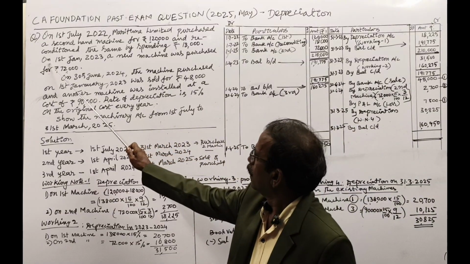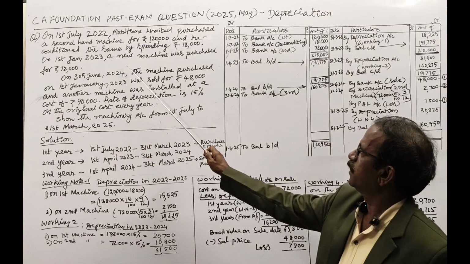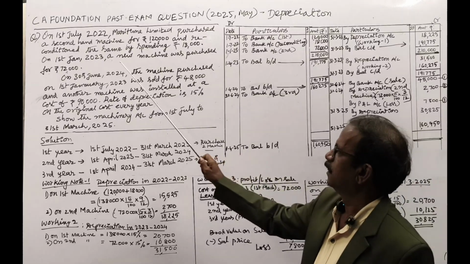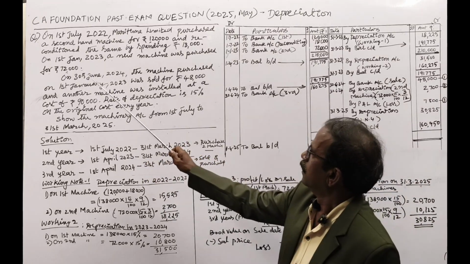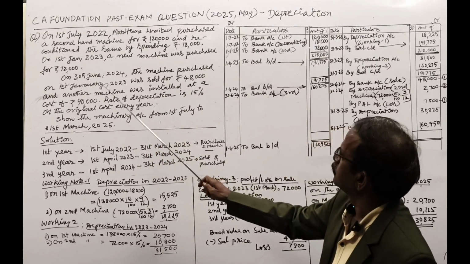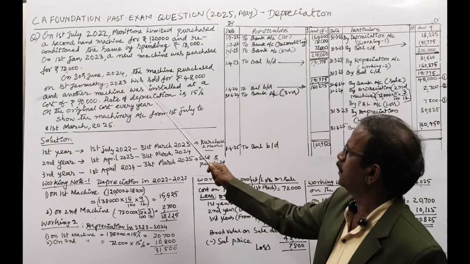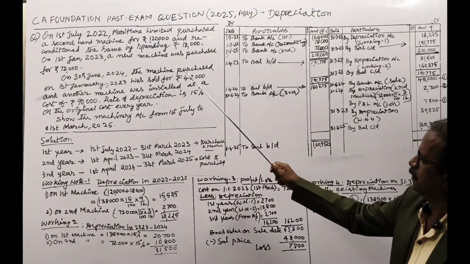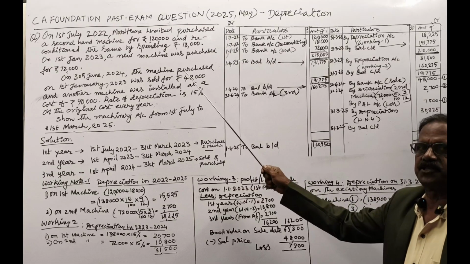Now, on 1st January 2023, a new machine was purchased. Again, they purchased another machinery for 72,000. On 30th June 2024, the machine purchased, means the machine which was earlier purchased.